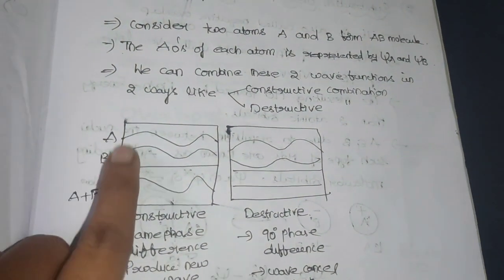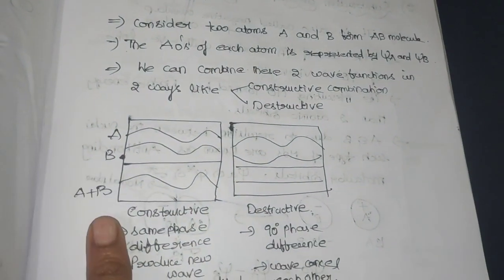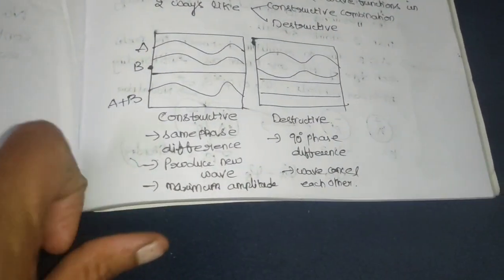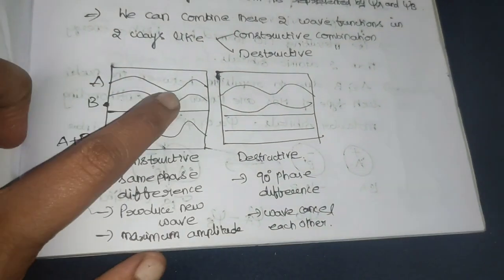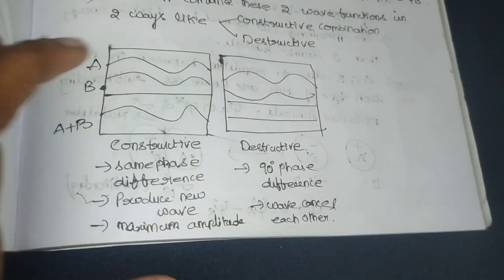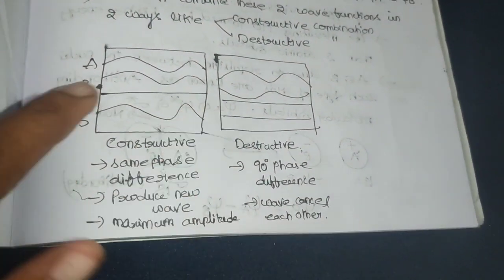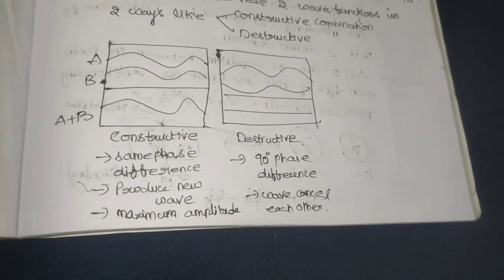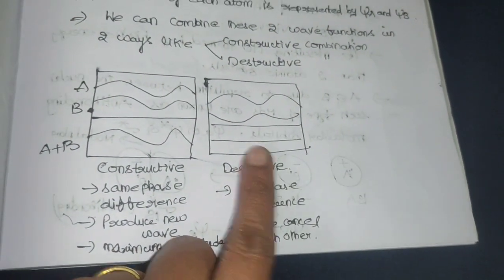In a constructive combination, waves having the same phase combine together to form a bigger wave. Let's see, it is called constructive. There is no phase difference between these two, so they produce a new wave with maximum amplitude. So this is A plus B. And what about the destructive wave function?